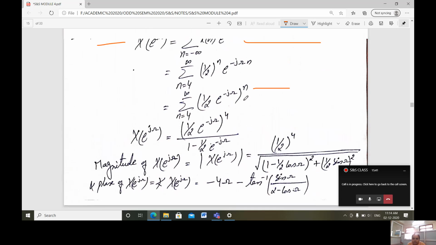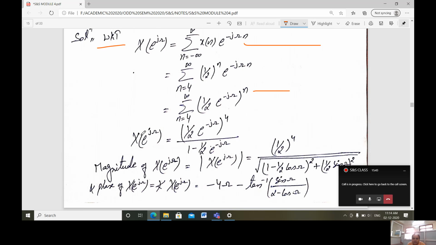Then use the equation. What can I write? X of e raised to j omega is going to be equal to (1 divided by 2 e raised to minus j omega) power 4 divided by 1 minus 1 by 2 e raised to minus j omega.